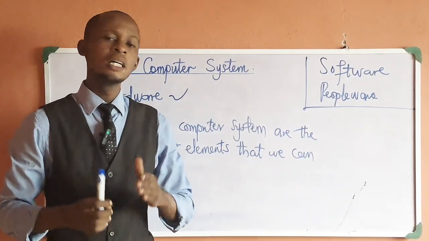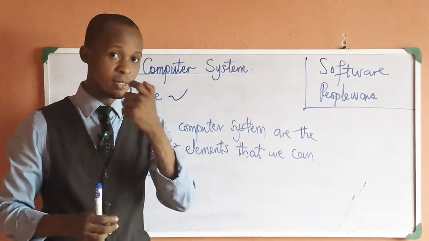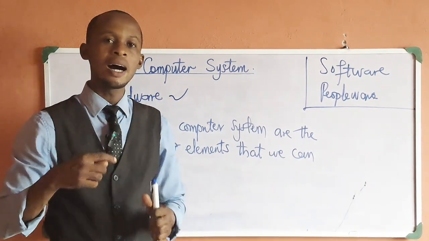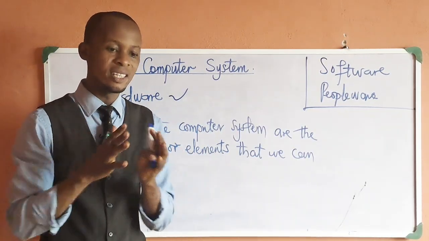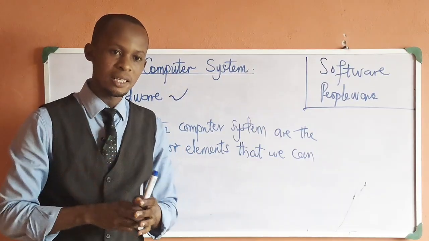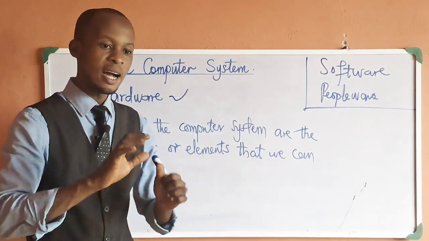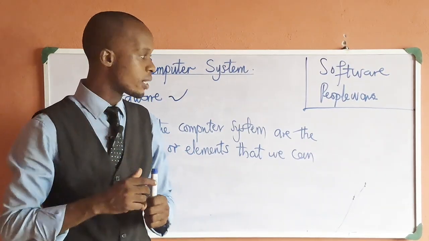Now, the hardware components, which are the physical parts that we can see with our eyes and touch with our hands, are grouped into two categories. What are these two categories?